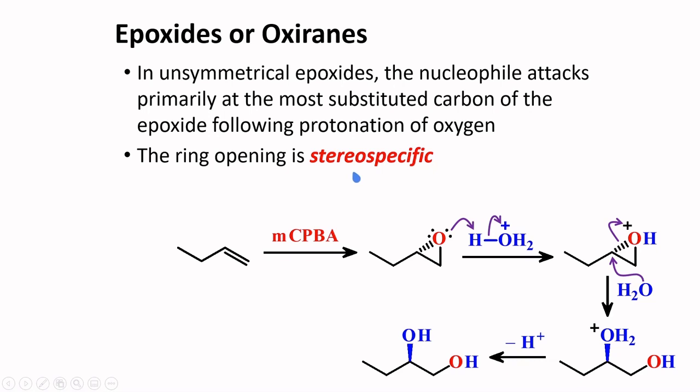It means that the starting material here, the epoxide, dictates the orientations of the hydroxy groups of the product. Because the reaction involves an inversion of configuration, if this is downwards, the hydroxy group here will be oriented upwards. The outcome of stereospecific reactions depends on the stereochemistry of the starting material.